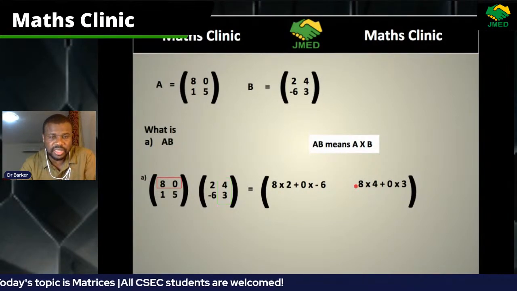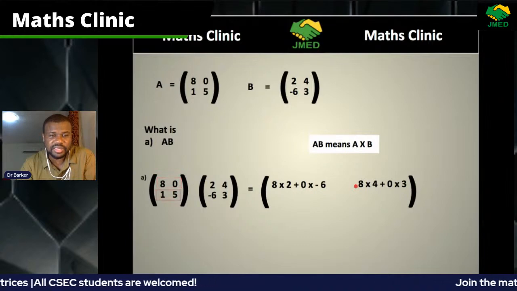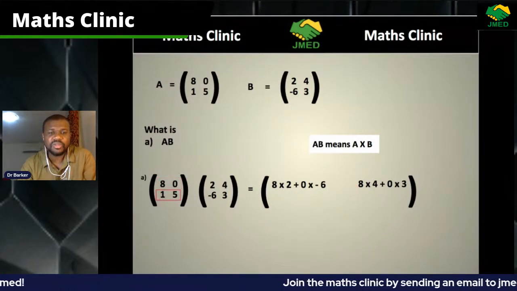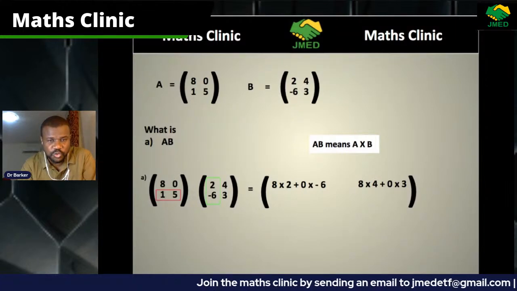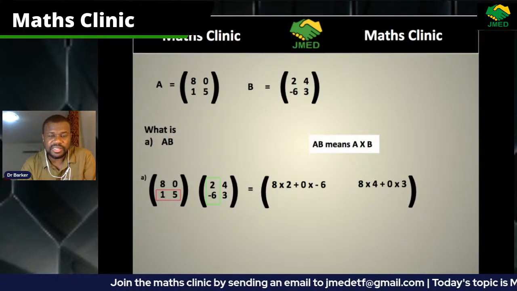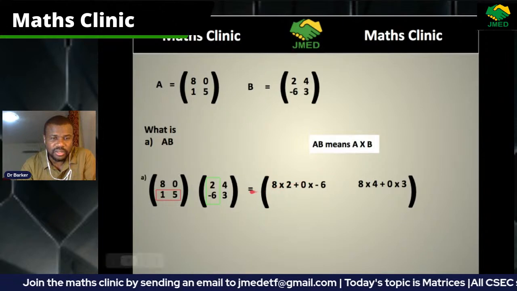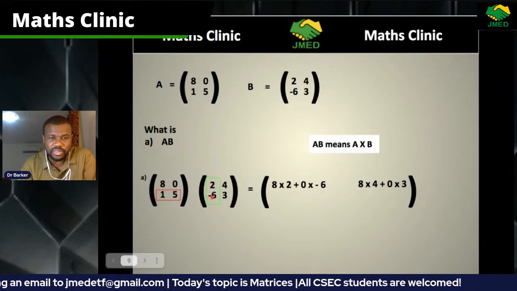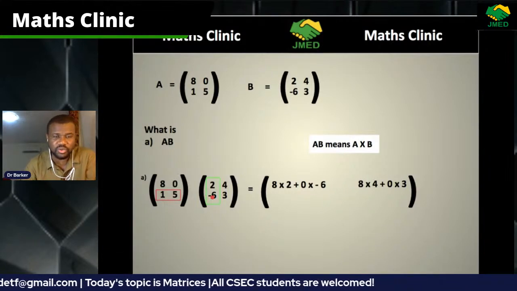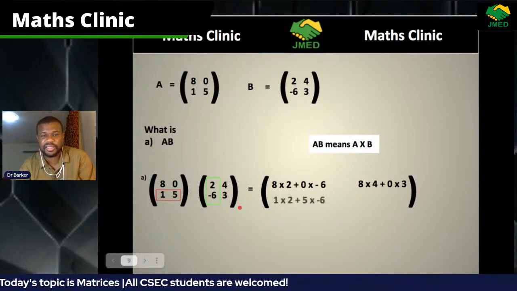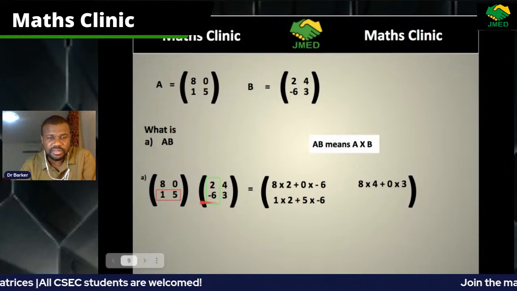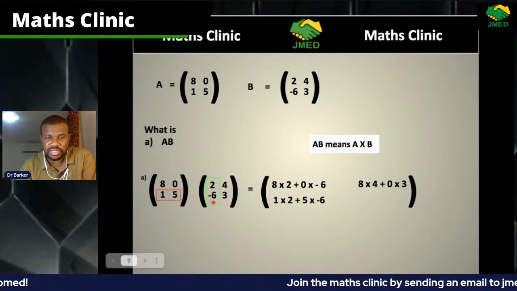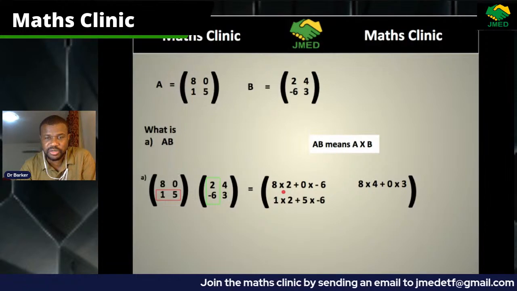Same procedure is applied to the second row. So we go second row, multiply it by the first column, and the 1 will go with the 2, and the 5 will go with the 6, because if you turn it, it's just going to go upwards like that. And it looks like that. So 1 times 2, 5 times minus 6. Now, there are certain patterns you'll see here.